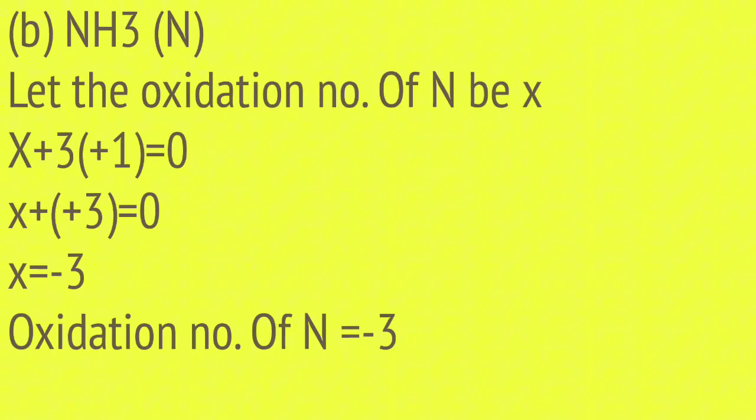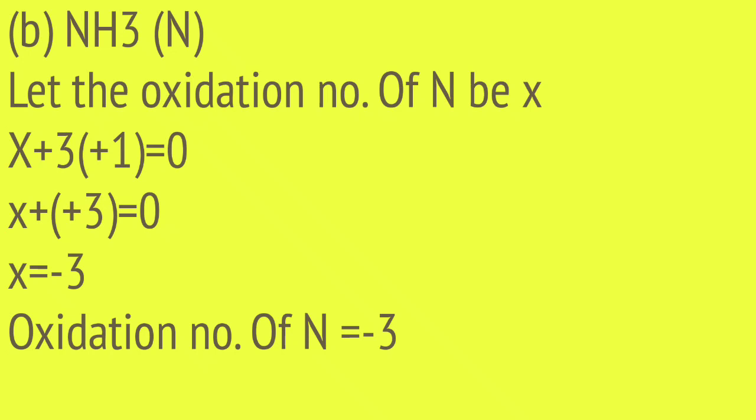Another example. Find the oxidation number of nitrogen in ammonia gas. So again, let N be equal to X. Let the oxidation number of N be equal to X. So that you'll have X plus hydrogens are 3. So 3 times the oxidation number of hydrogen, which is +1, should be equal to 0.